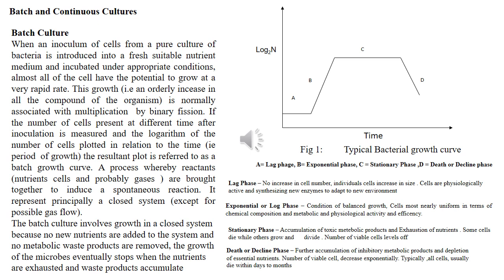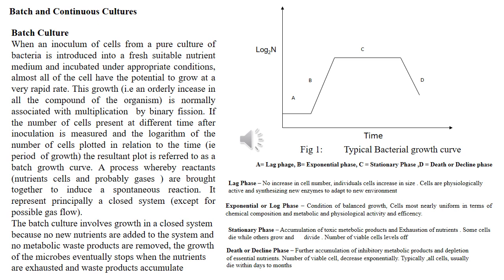At the stationary phase, accumulation of toxic metabolites and exhaustion of nutrients have set in. Some cells will start dying while others continue growing and dividing. The assumption is that at this stage, the number of viable cells may level off.